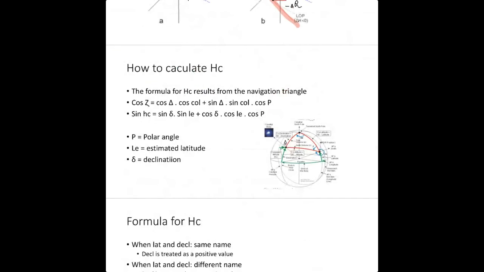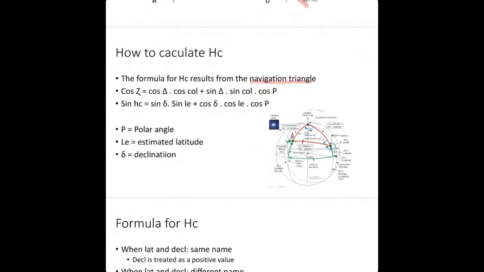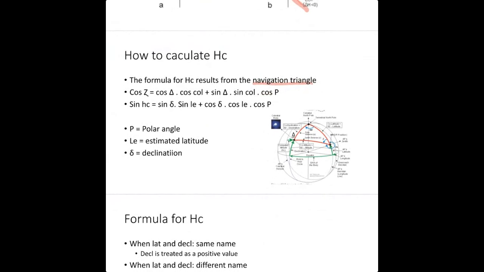Okay, and in both cases, what we end up with is this line of position. Now, I already told you a couple of times that based on the estimated position, we can calculate with a formula our calculated altitude. This formula results from the navigational triangle that we've already used a couple of times. If you use the rule of cosine, we know that the cosine of z is the cosine of the polar distance multiplied by the cosine of col plus the sine of polar distance multiplied by the sine of col multiplied by the cosine of p.